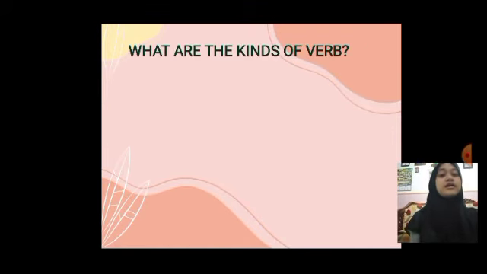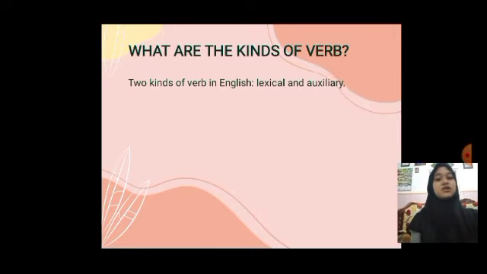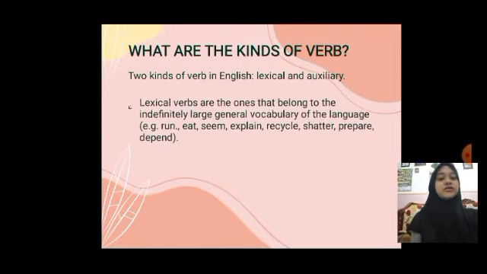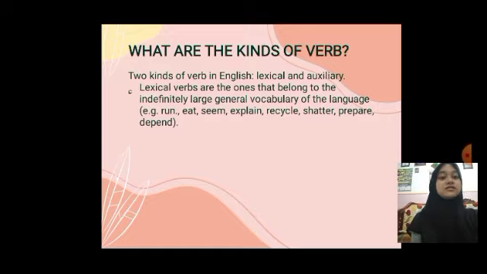What are the kinds of verb? Two kinds of verb in English: lexical and auxiliary. Lexical verbs are the ones that belong to the indefinitely large general vocabulary of the language. Example: run, eat, seem, explain, recycle, settle, prepare, and depend.